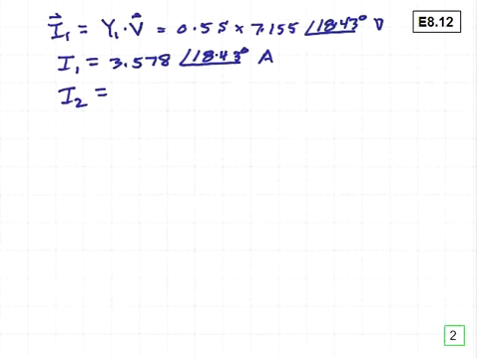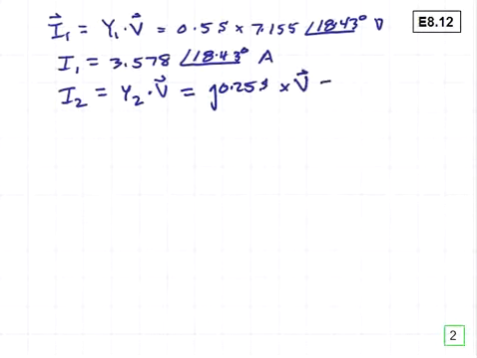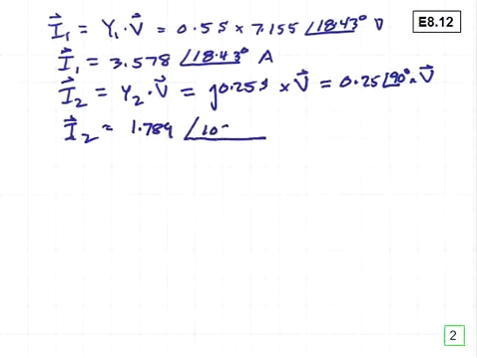I2 is equal to Y2 times V, and this is equal to J 0.25 Siemens times V, and this will be equal to 0.25 at an angle of 90 degrees times V, or I2 is equal to 1.789 at an angle of 108.43 degrees amperes.